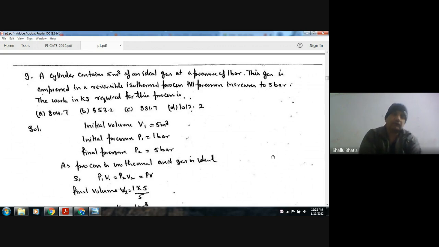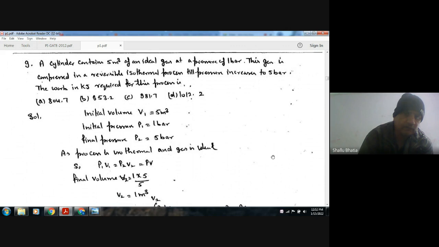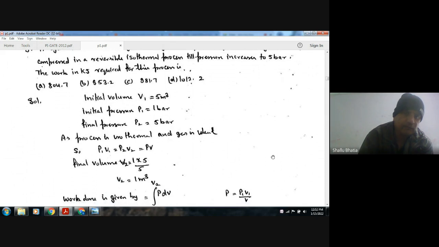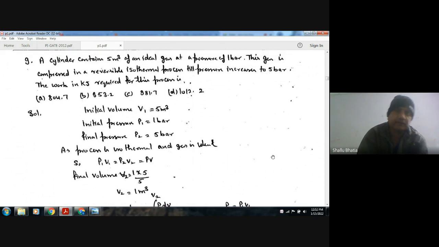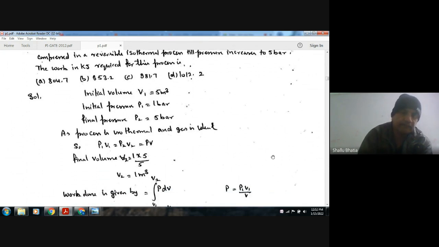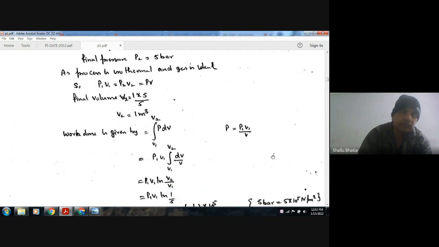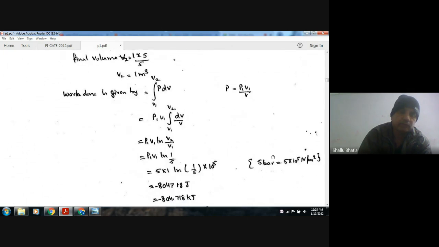For analyzing the gas, P1 V1 will be equal to P2 V2 for a constant temperature process. As the initial volume, initial pressure and final pressure are known, we can calculate the final volume. The work done is the integral of P dV, with V varying from V1 to V2.